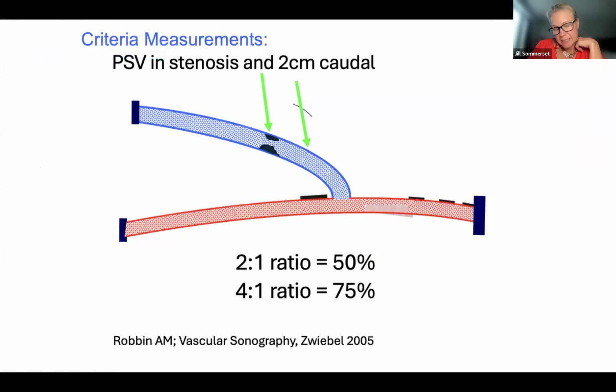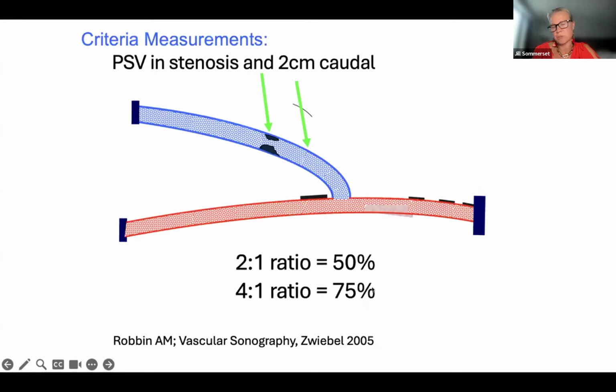Now, from a criteria standpoint, if you're going to take it in the outflow vein, for example the cephalic vein, the criteria that is published here, referenced in 2005, is to take the flow volume 2 centimeters beyond the anastomosis. If we have a 2-to-1 ratio, it's greater than 50%.